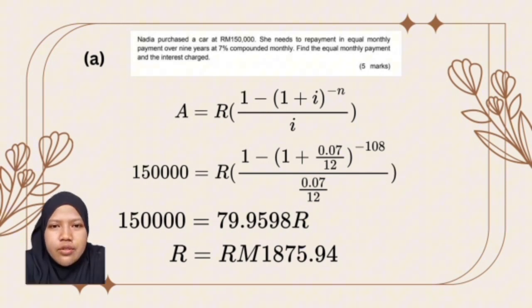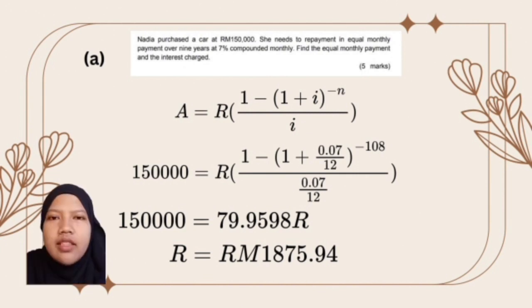When we put it in the formula, it will be 150,000 equals R multiplied by 1 minus (1 plus 0.07 divided by 12) to the power of negative 108, divided by 0.07 divided by 12. Solve the one inside the bracket first, then 150,000 divided by the answer. The last answer is R equals 1,875 ringgit 94 cents.